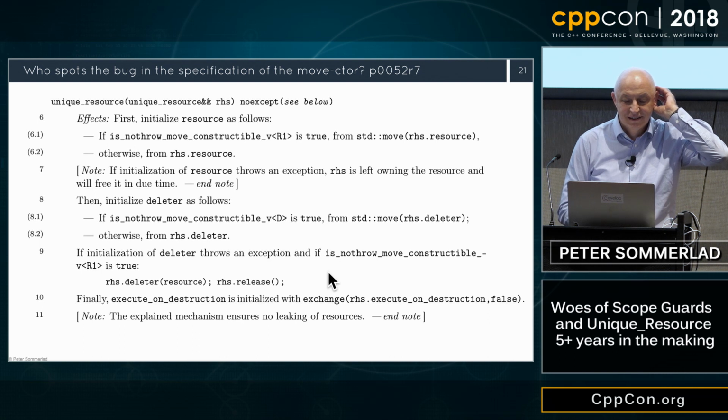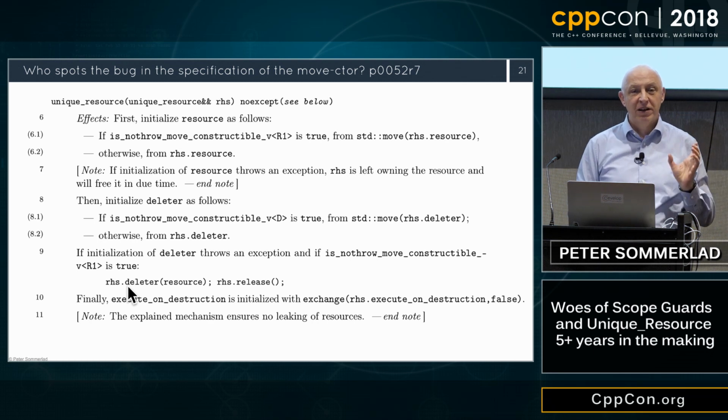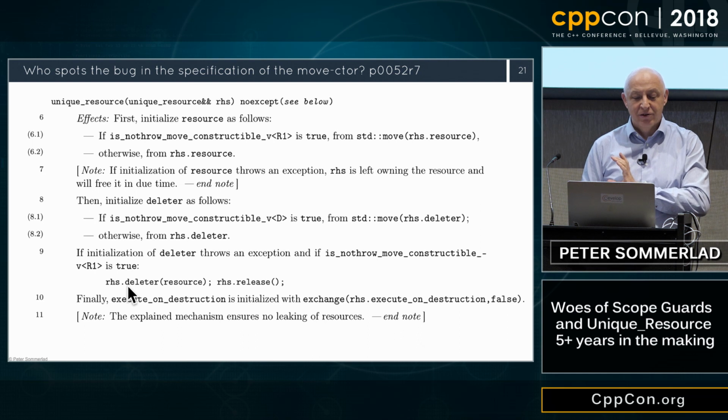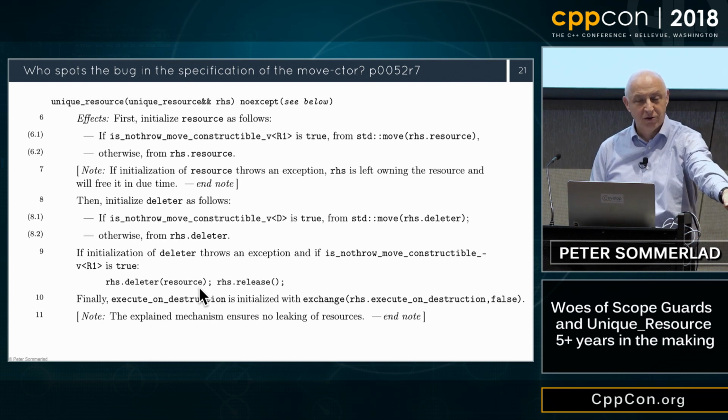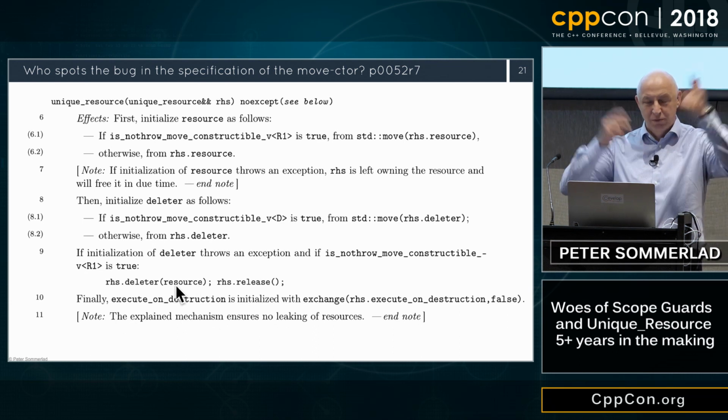But you didn't manage to get a second deleter to delete the second resource? No, you don't duplicate the resource. You move the resource in the move constructor, but you run the right-hand side deleter in that case and release it. So even with copying the resource, the moved-from resource is okay, and you cannot copy the deleter, you still delete the resource.